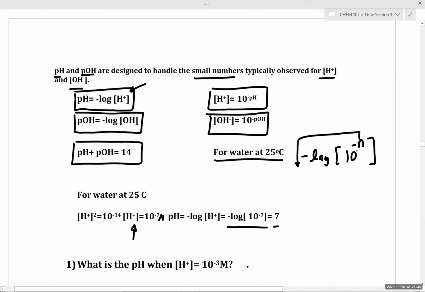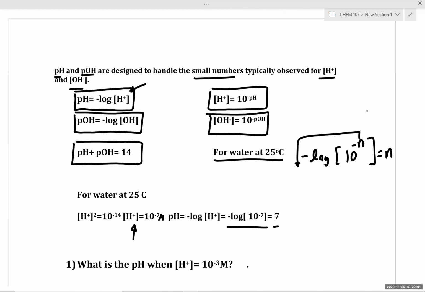So for example, negative log of 10 to the negative n is just equal to n. Okay, so your pH should roughly equal the power of 10 in most cases. This is just an approximation and it helps you avoid potentially reporting an answer that's way off in magnitude.